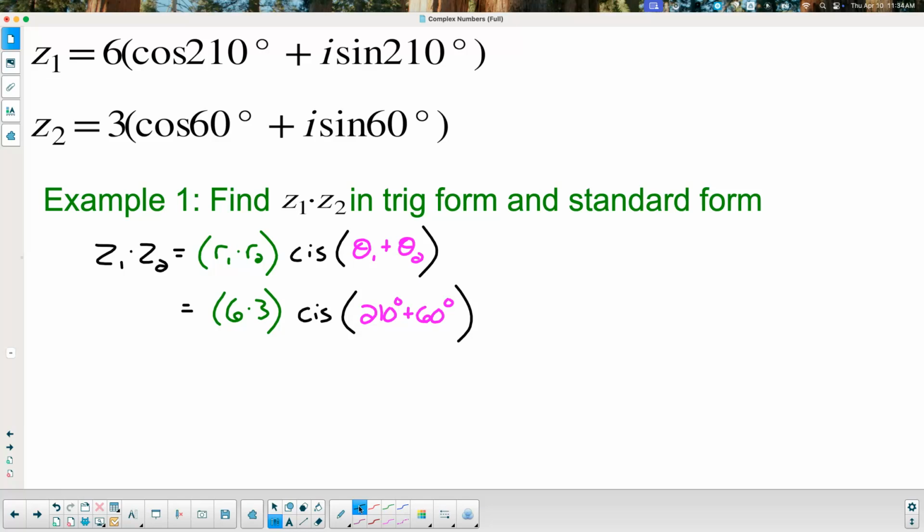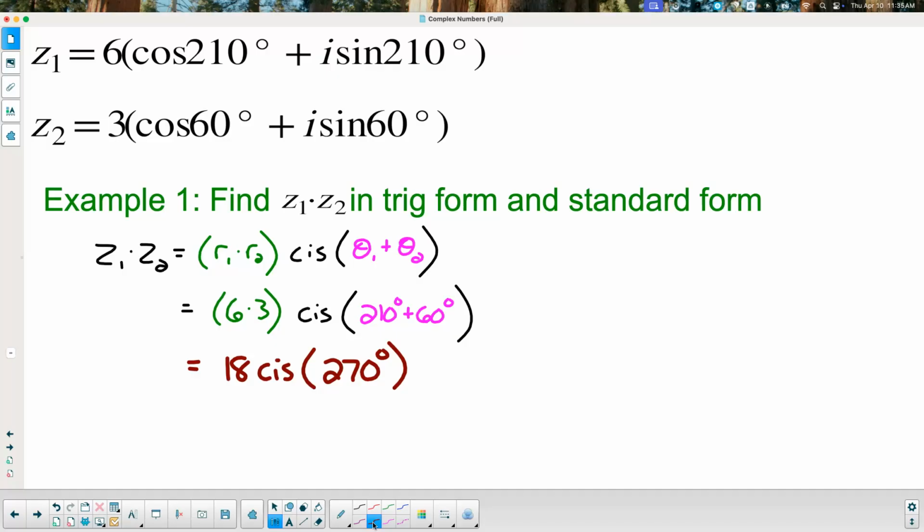Six times 3 is 18. 210 plus 60 is 270. That gives you the trig form of it.